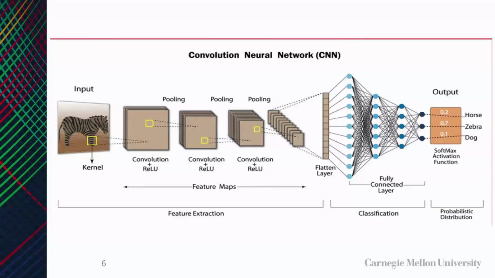Then these features are convolved and we apply the ReLU, which applies non-linearity on the extracted features. And then we keep pooling, reducing unnecessary features that we don't really need, and then pass down to the next layer.